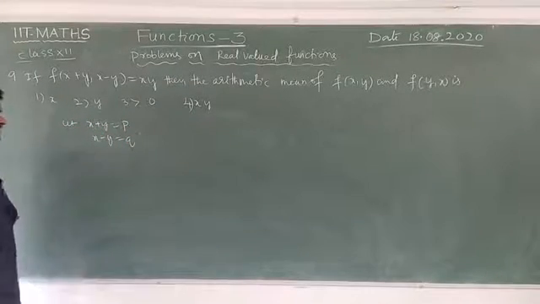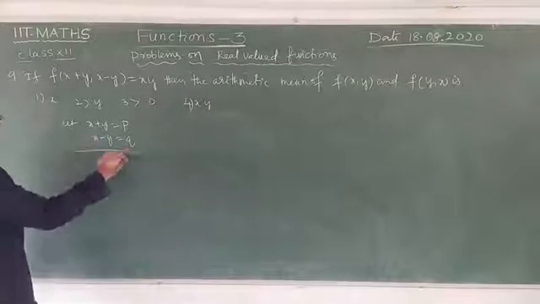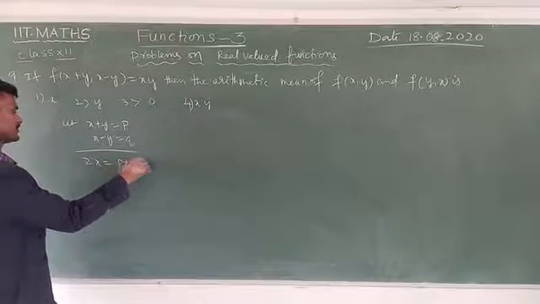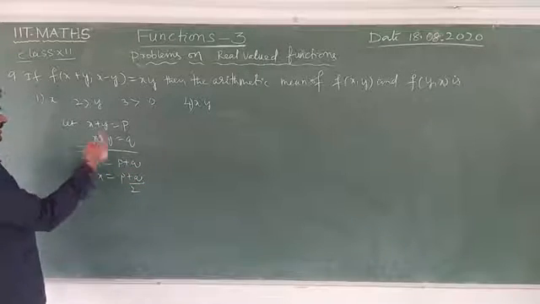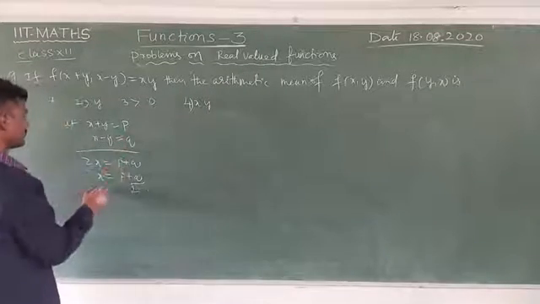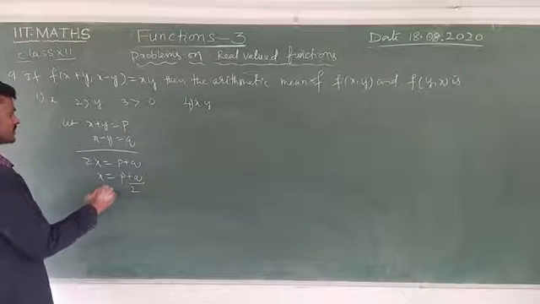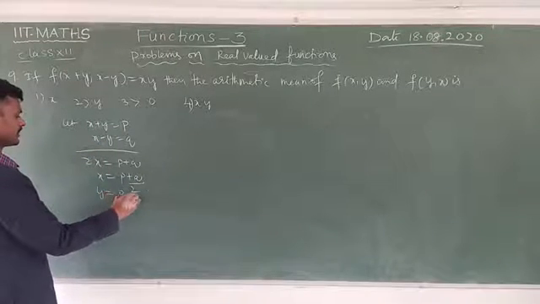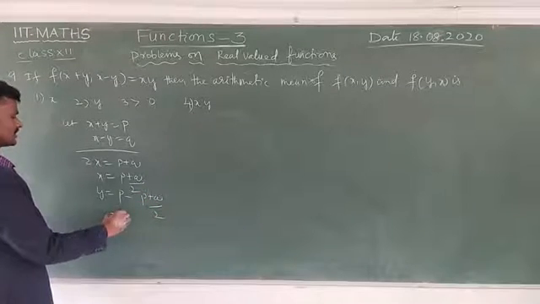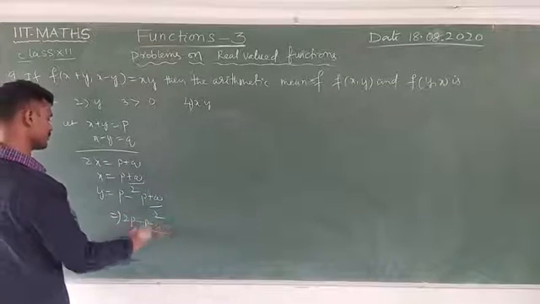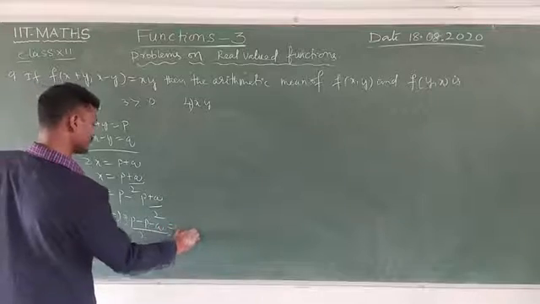Now you can add these two. Here 2x is equal to p plus q, and x is equal to (p plus q) by 2. This is x. Now you can find y. Substitute this value here: y is equal to p minus (p plus q) by 2, then 2p minus p minus q by 2, which is equal to (p minus q) by 2.